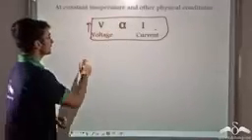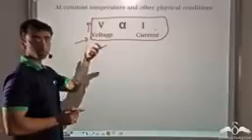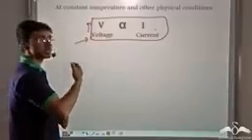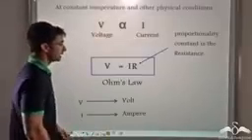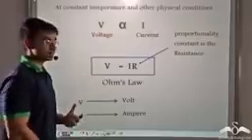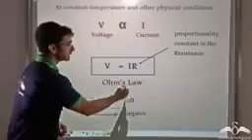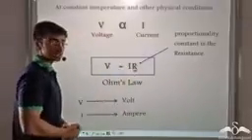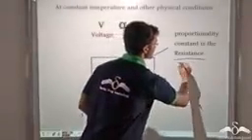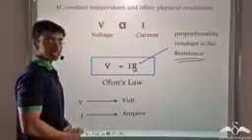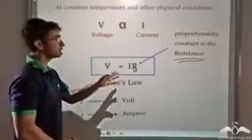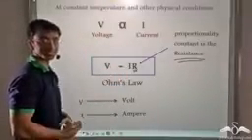Now let's see how we can convert this relation of proportionality into a relation of equality. In order to convert it into an equality relation, we use a proportionality constant. The proportionality constant R is also known as resistance. So now we get the equation as V equals I into R, where R is the resistance.